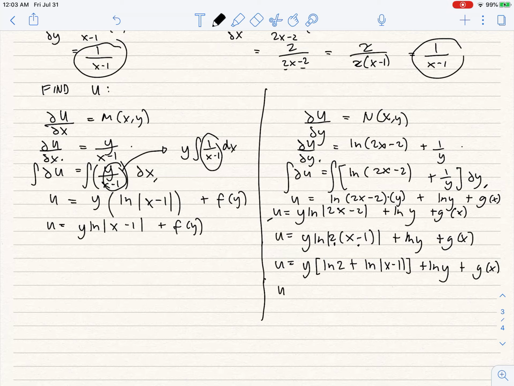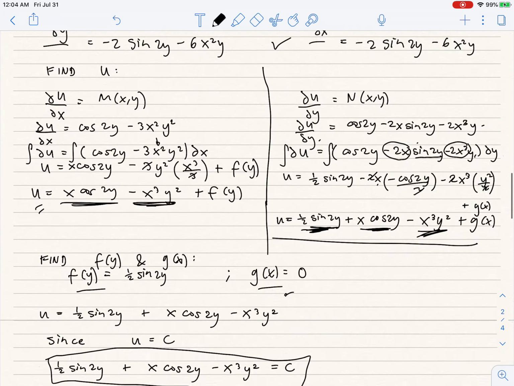Then simplify again. Now we can distribute the y. We separated the y because, in the logarithmic properties, what is beside it does not matter, so we distribute it going from this form to this form. So this is now y ln of 2 plus y ln of x minus 1 plus ln of y, and then g of x.